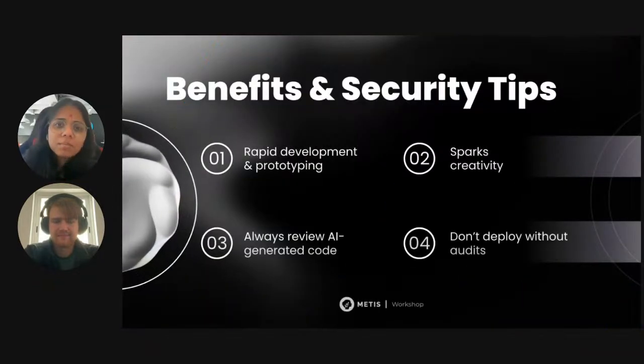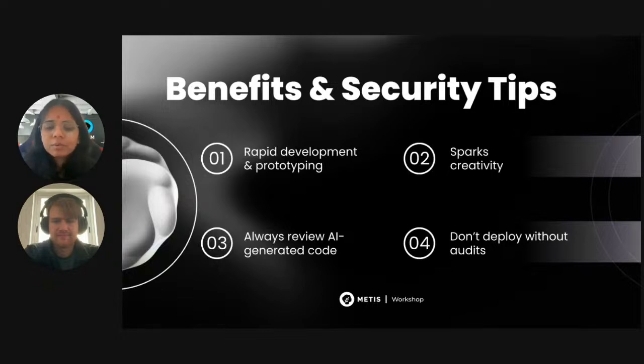So what are the benefits and security tips? We'll check these one by one. This slide is where the real magic and the risk live together, right? So let's break it down. Rapid development and prototyping. Let's say you are building a dashboard with charts. You could import Chart.js, set up the config file, fetch the data, and build it.